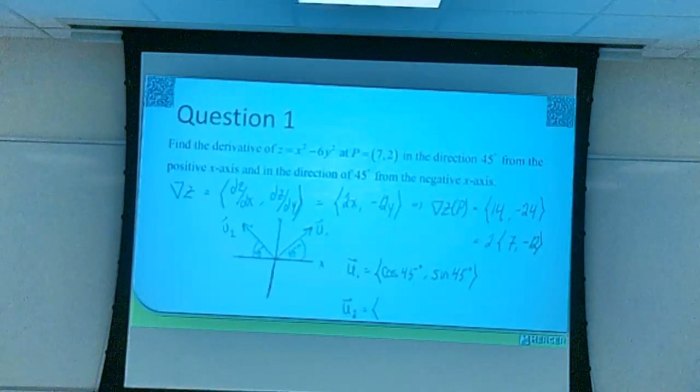First of all, that would be a unit vector. Why would it be negative? Because of the cosine and the sine. Okay. You wouldn't be incorrect. I'm guessing there's something more correct.